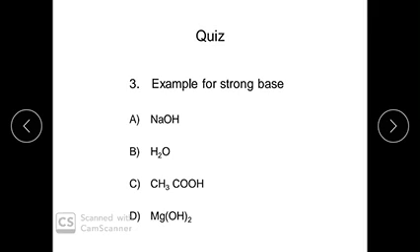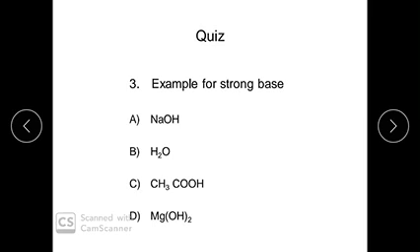And next question is example for strong base: A, sodium hydroxide, B, water molecule, C, acetic acid, D, magnesium hydroxide. Among these four, the right answer is sodium hydroxide.